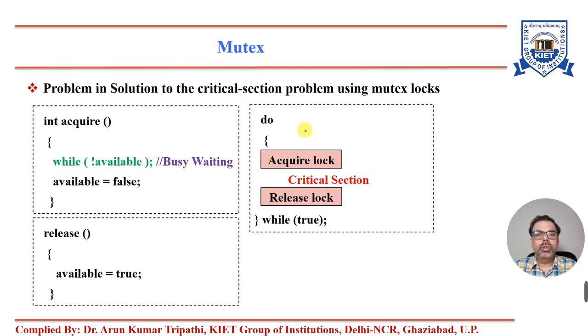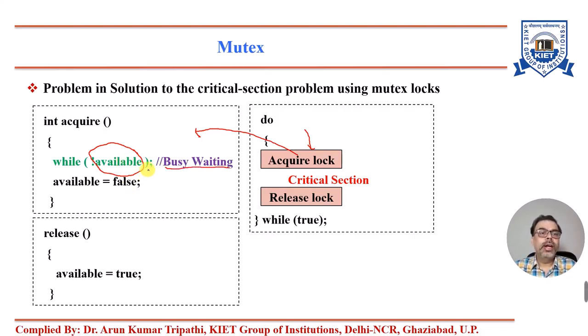Whenever a process wants to enter into the critical section, it will acquire the lock. In acquire lock, it will check whether the lock is available or not. If not available, it will wait for an infinite amount of time until it becomes available. This condition is known as busy waiting.